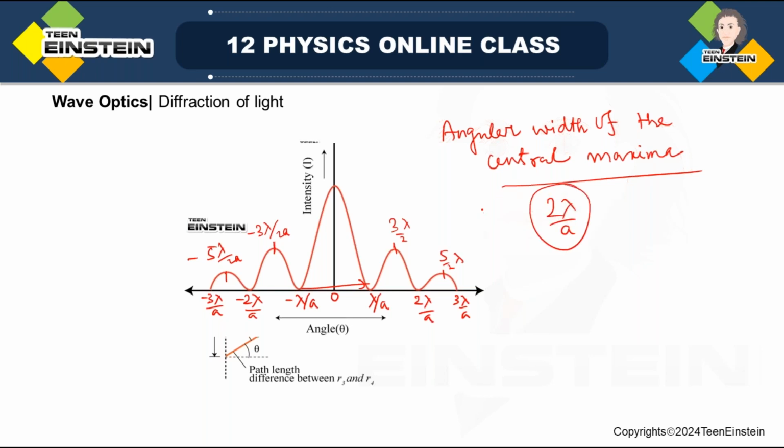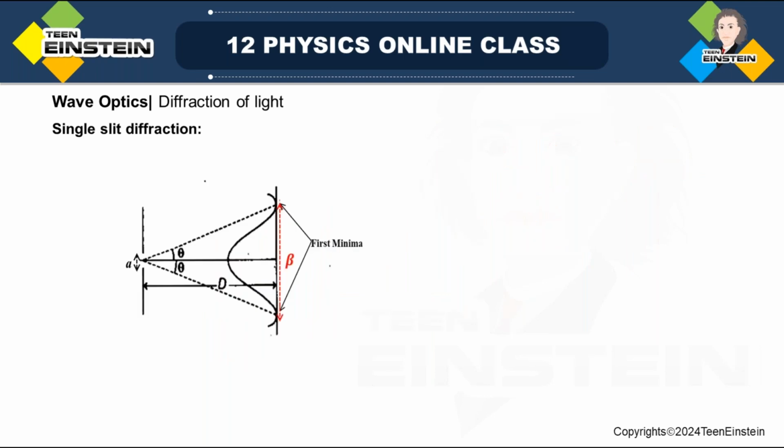This is very simple from here. But from here also we can do this. Suppose this is the first minima, and on this side also this is the first minima. The central maxima is situated between the first minima. So what is the angular width? This is 2 theta. The angular width is 2 theta.